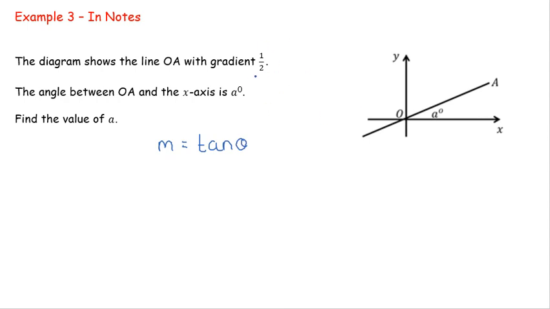Now in this case we know what m is, so m is a half. So a half equals tan, and the angle we want is a degrees, so tan a degrees. And then to solve this, if we remember back to our trigonometry from last year, we do the inverse tan of a half.